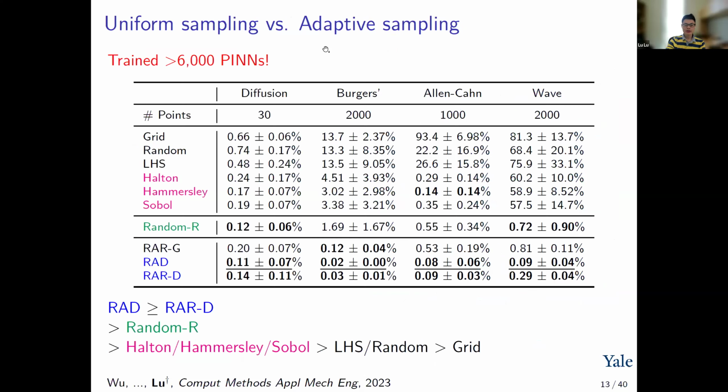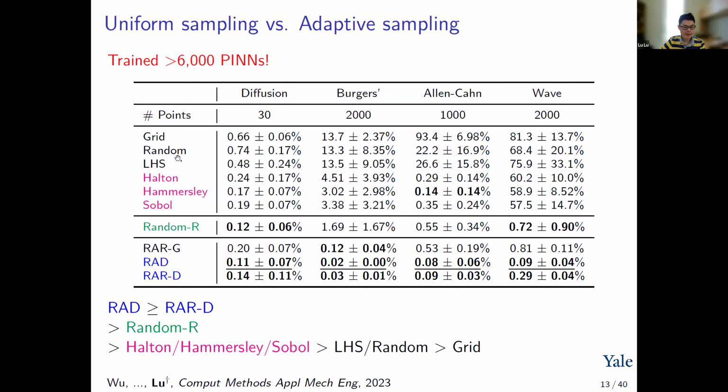So here I show you 4 different examples about the accuracy and performance for different methods. For simple equations, for example the diffusion equation I showed you earlier, even the very standard grid sampling can achieve a small error, that's 0.6%. But for more difficult problems, for example the Burgers equation, or Allen-Cahn equation, or wave equation with high speed wave, the simple sampling methods would not work well.